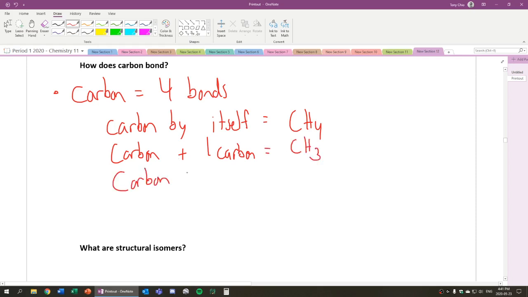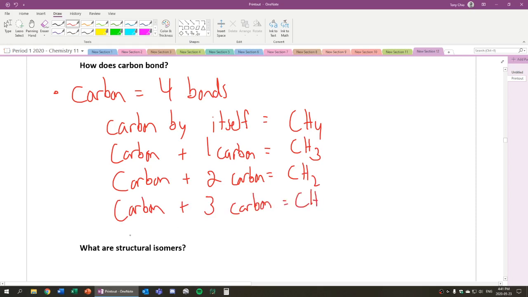Carbon attached to 2 carbons, this will be like those interior ones, it's CH2. Carbon plus 3 carbons, this will be CH, and then last but not least, carbon plus 4 carbons, this would just be carbon by itself, a C. Okay.